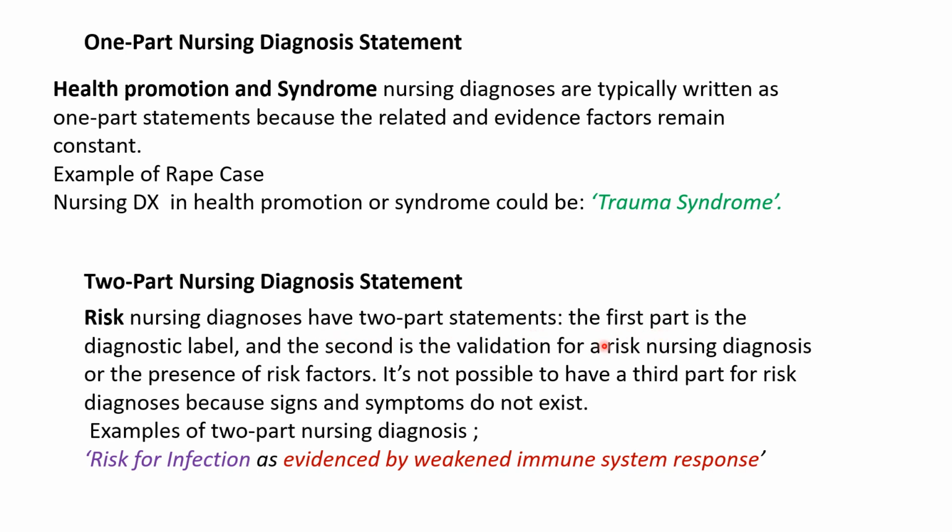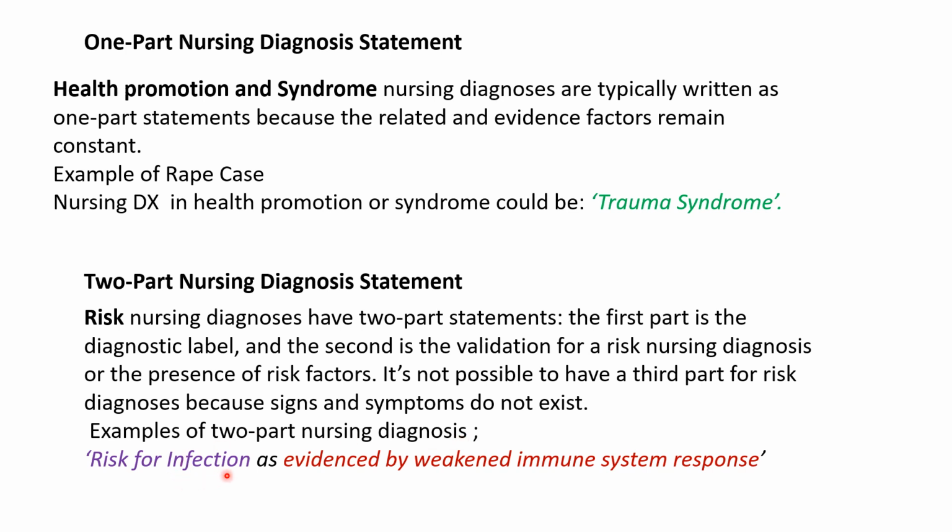The first part is the diagnostic label, and the second is the validation for a risk nursing diagnosis, or the presence of risk factors. It's not possible to have a third part for a risk diagnosis because signs and symptoms do not exist.